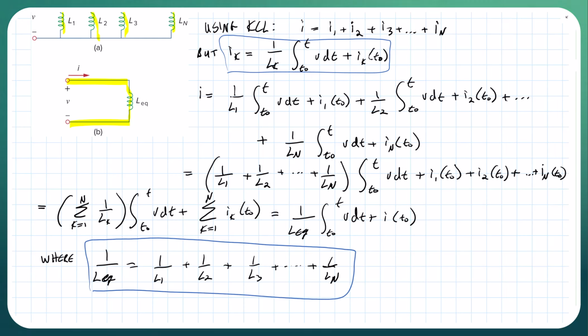So note that the parallel combination resembles that of resistors.